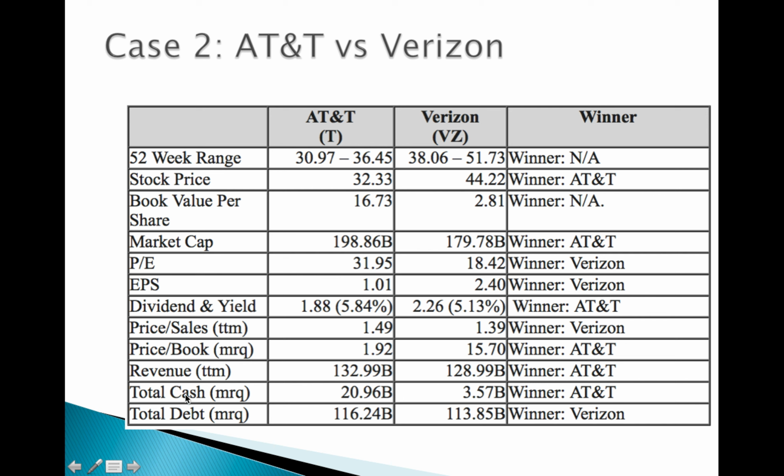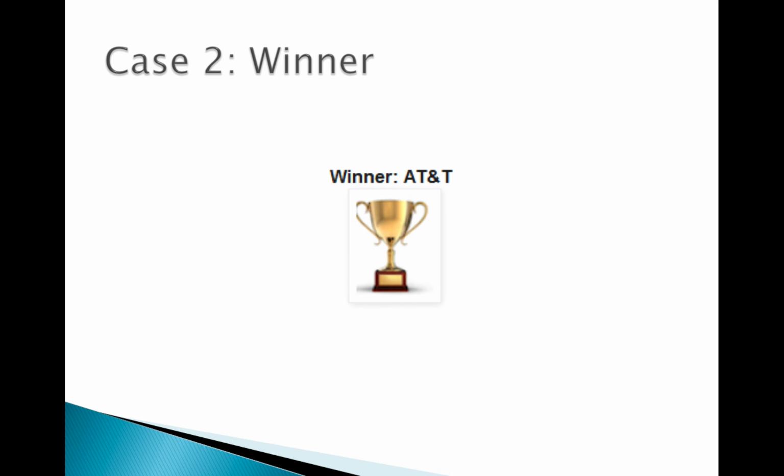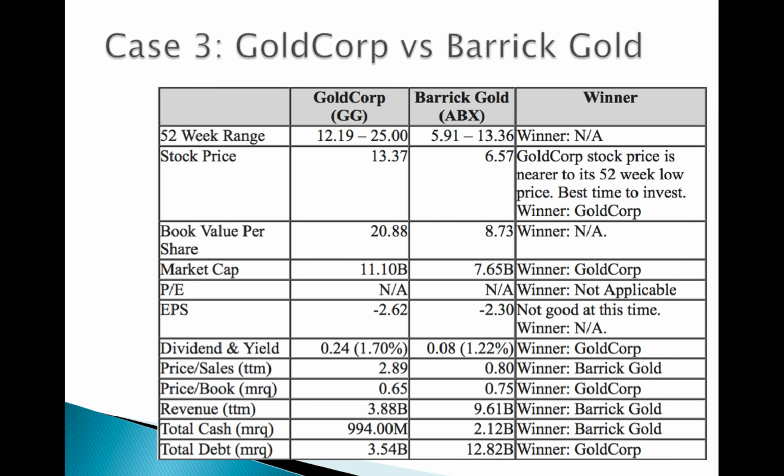Total cash, higher the better. Winner is AT&T. Total debt, winner is Verizon. In the case of debt, it should be too little, so that's the reason why winner is Verizon. And let's see who the winner is. The winner is AT&T.